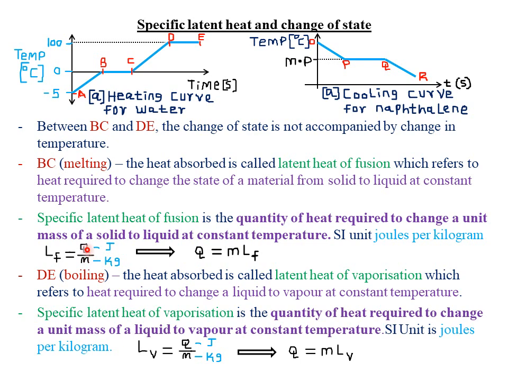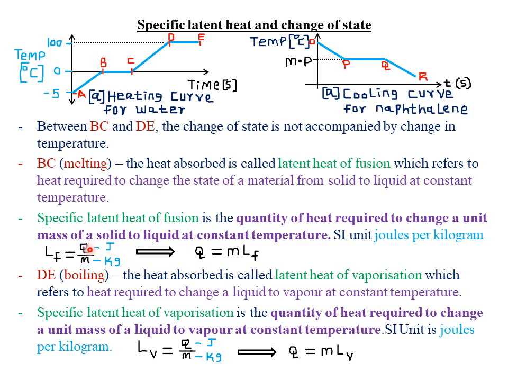Because we know that the SI unit for heat is joules and the SI unit for mass is kilogram, the SI unit for specific latent heat of fusion will be the SI unit for the quantity of heat divided by the SI unit for mass, which is joules divided by kilogram, giving us joules per kilogram. So those are the SI units for specific latent heat of fusion.